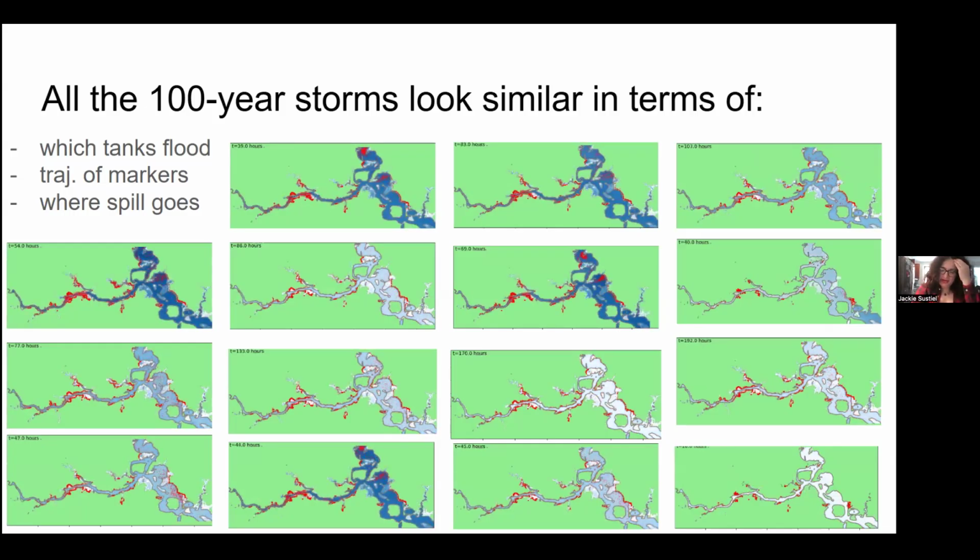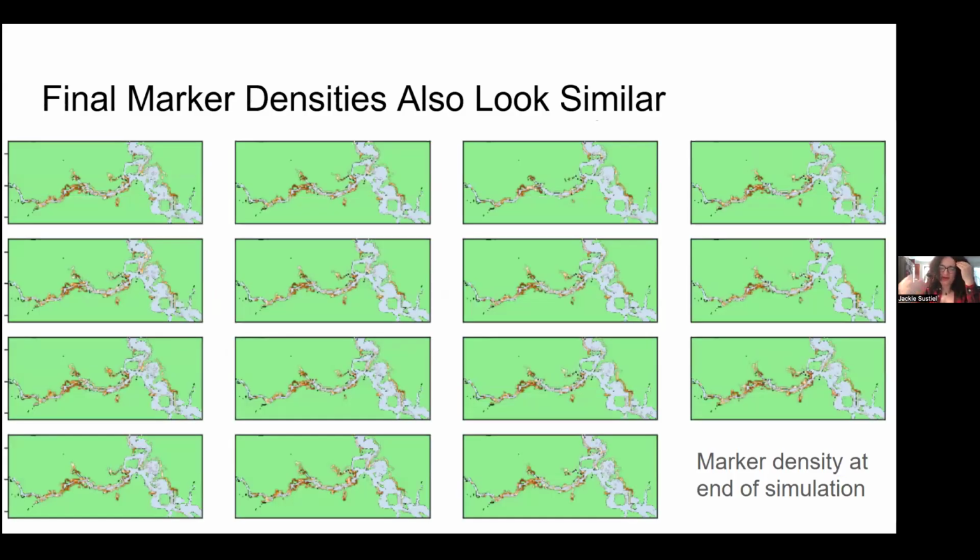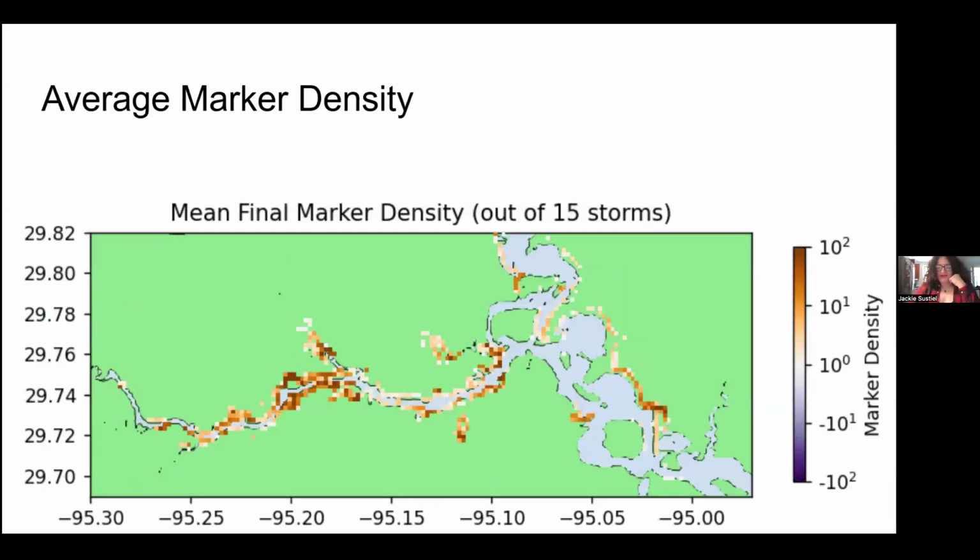If we look at this and take the average of the final marker density, or wait, the marker densities also look similar, which makes sense. It means that the marker density at the end of each simulation tells you where all of the oil particles, or oil chemical particles, have ended up. If we take the average, we get an idea of where the oil ends up at this level of storm.